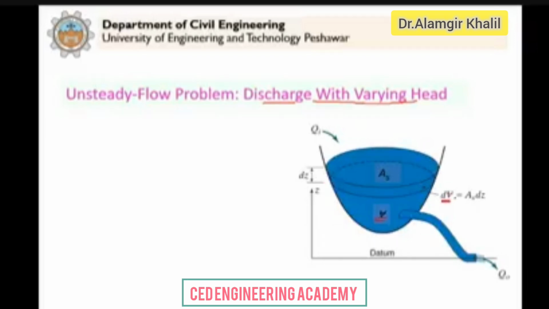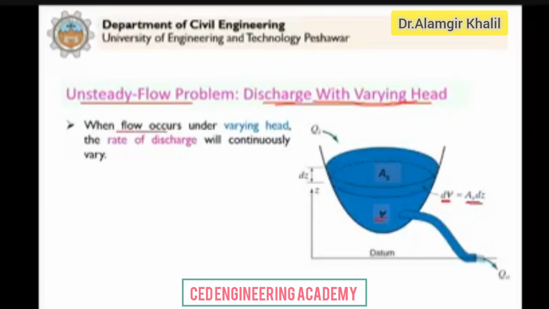The change in volume will be the surface area multiplied by the change in water level. Now you understand the different notations that we are using to represent the different variables. So now we discuss discharge with varying head, because when the head is changing, the discharge will change, as I showed you earlier. This is essentially an example of an unsteady flow problem.